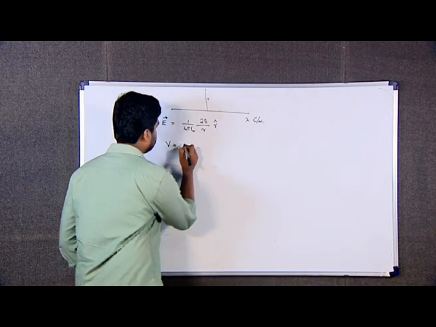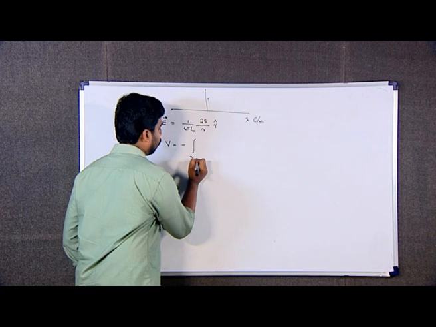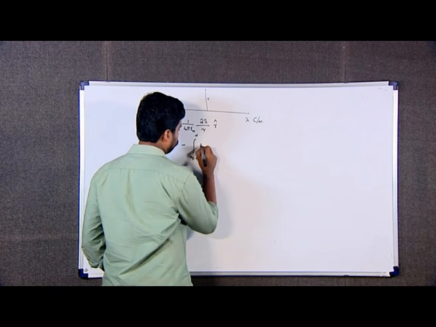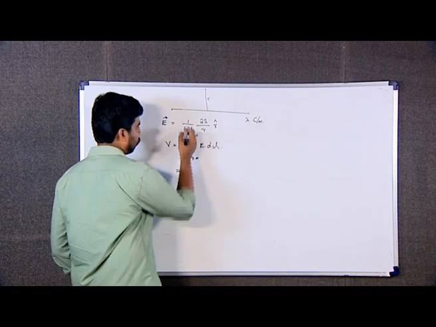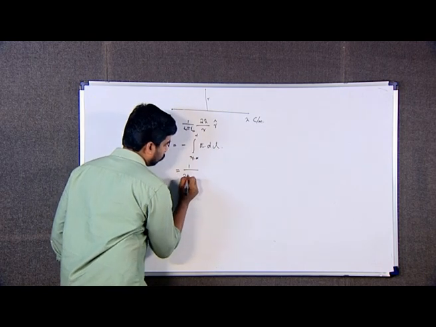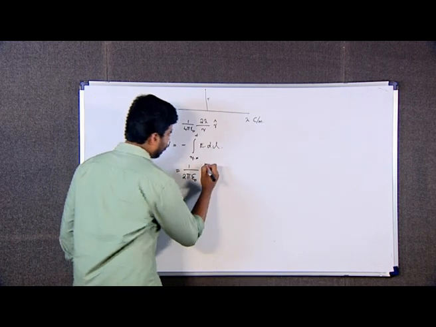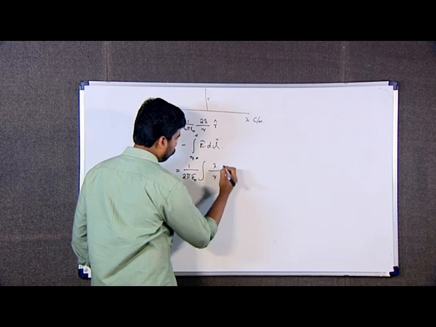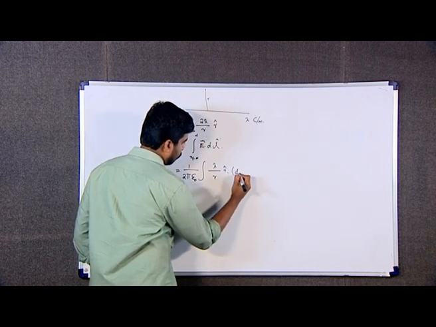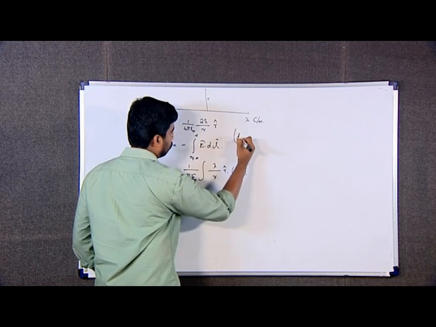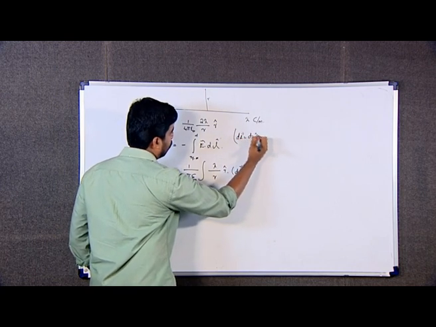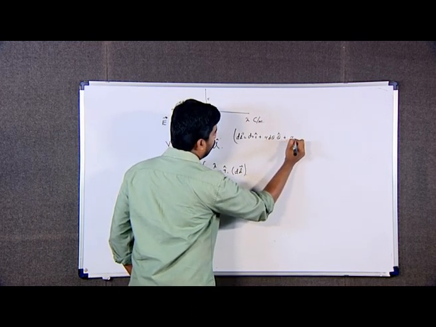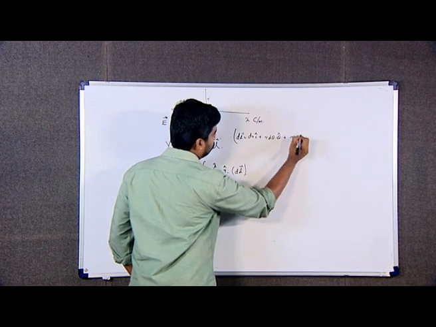So, by definition V is equal to minus integral, from the reference point, which is infinity, to the field point r, of E dot dl. I can simply write this as 1 by 2 epsilon 0 into integral lambda by r into r cap dot dl, and dl is equal to dr r cap plus r d theta theta cap plus r sin theta d phi phi cap.